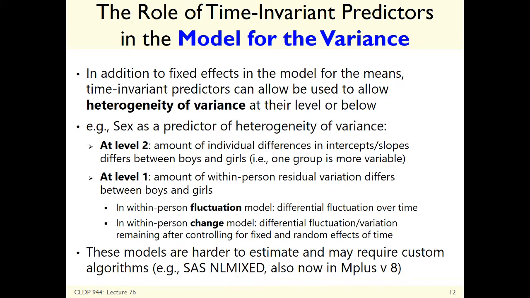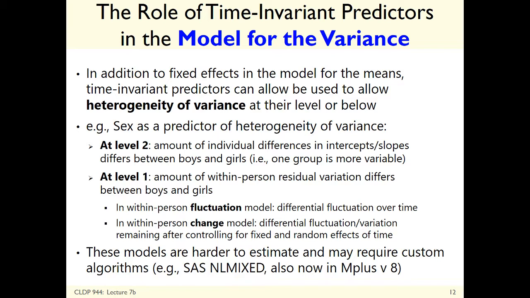On the within side, on the residual side, if we think about something like variability in positive and negative mood, these models assume constant residual variance. These models assume that the within person variation characterized by residual variance is the same across people.